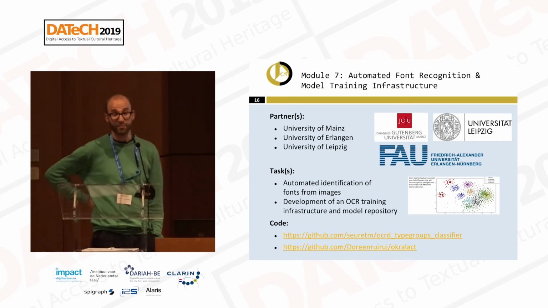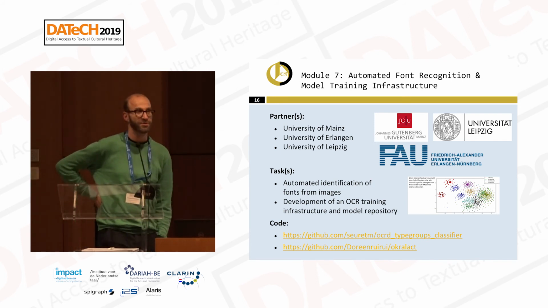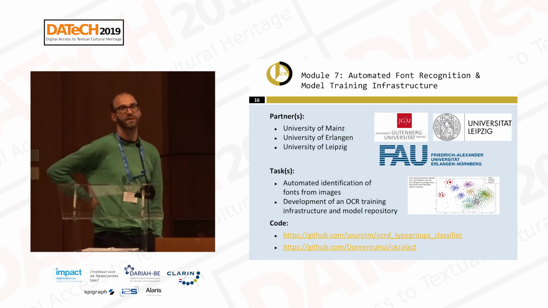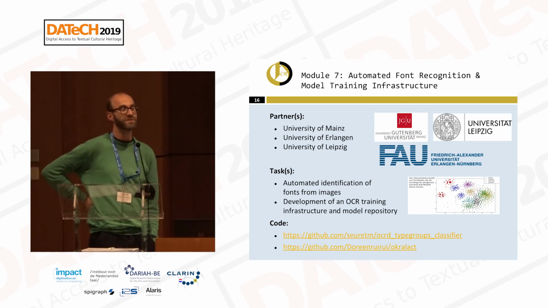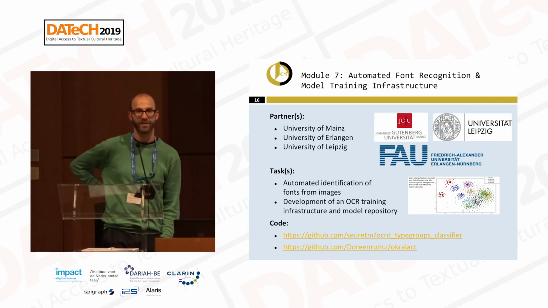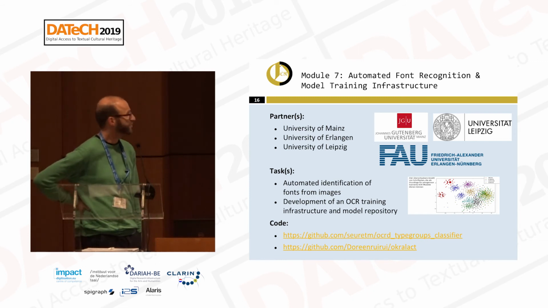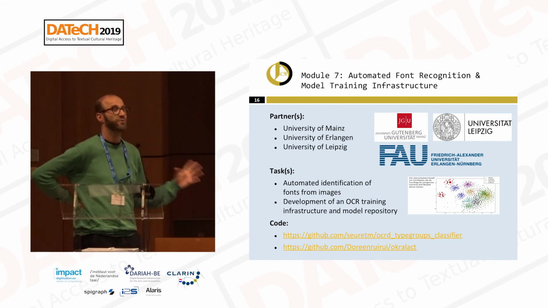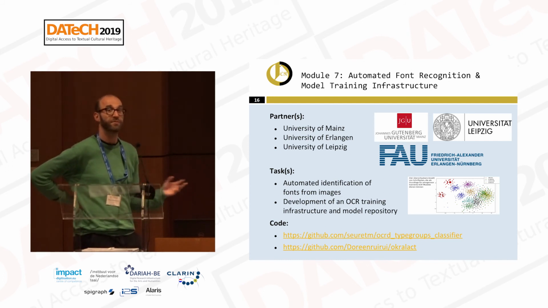However, there's also a second part to this project, which is concerned with the development of an infrastructure for training OCR models. So where you can provide training data, upload training data, and then with the push of a button, basically, is the idea, you can, from one set of training data, create a model for a variety of engines.